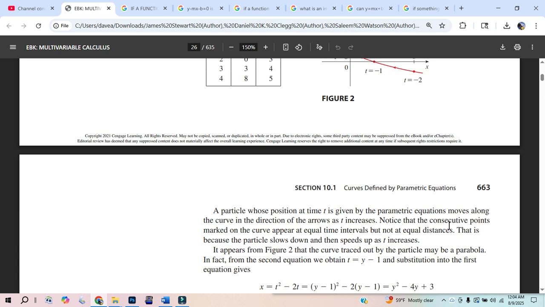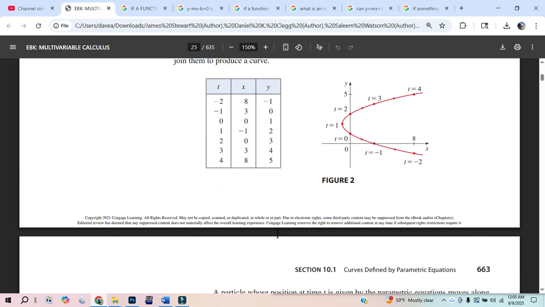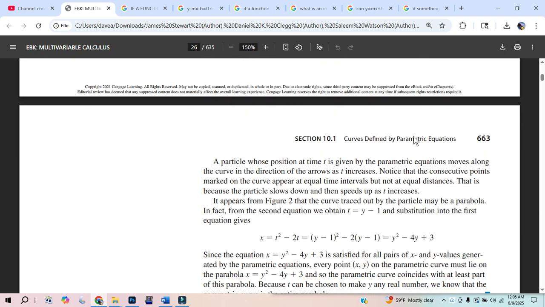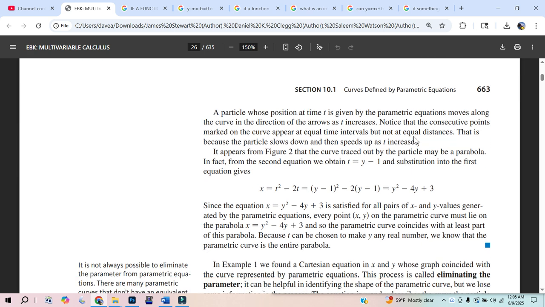Notice that the consecutive points marked on the curve are at equal time intervals, but not at equal distances. So it took 1 second to go from there, another second to go from there, but the distances are not equal. That is because the particle slows down and speeds up as t increases.